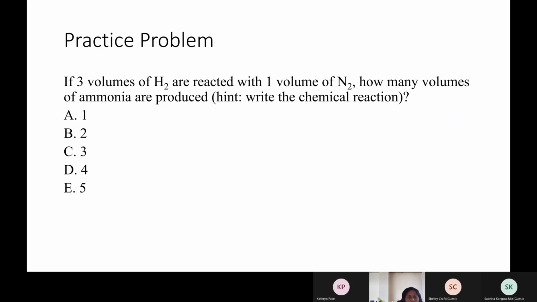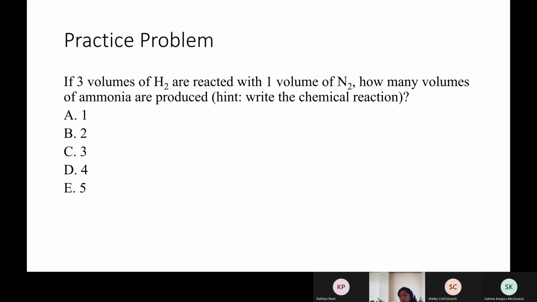Right. Okay, now we have come to the Avogadro gas law equation. If 3 volumes of H2 are reacted with 1 volume of N2, how many volumes of ammonia are produced? Okay, hint, write the chemical reaction.